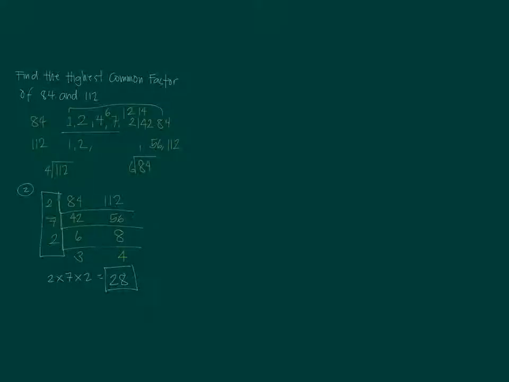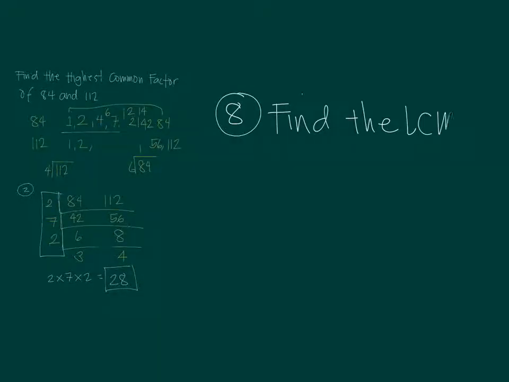Okay, number 8. We have to find the least common multiple of 56 and 72. Again, the method is very similar to finding the HCF. We list the numbers.